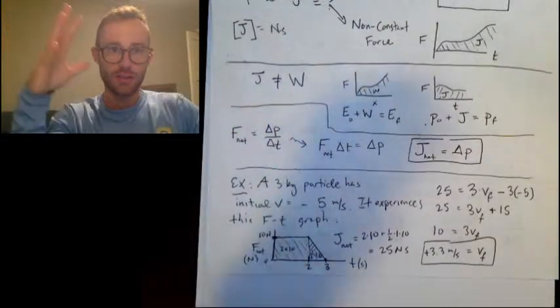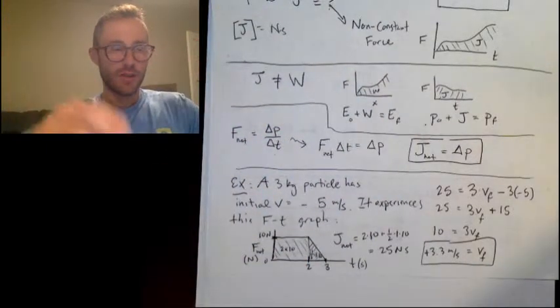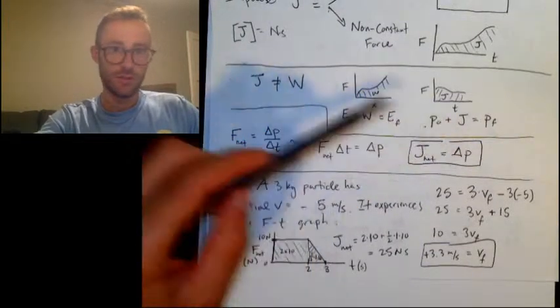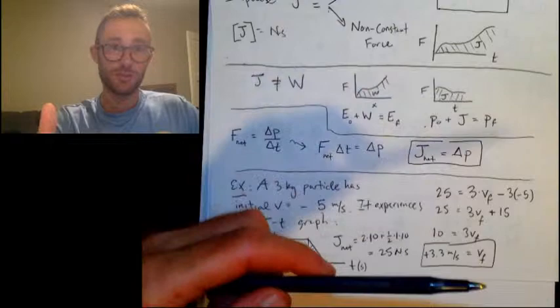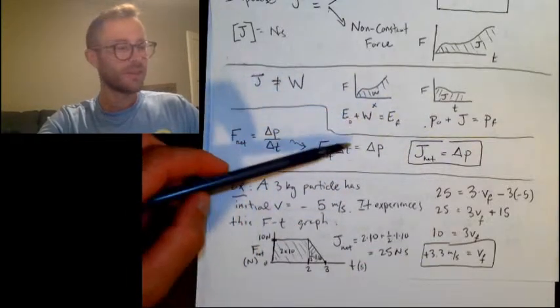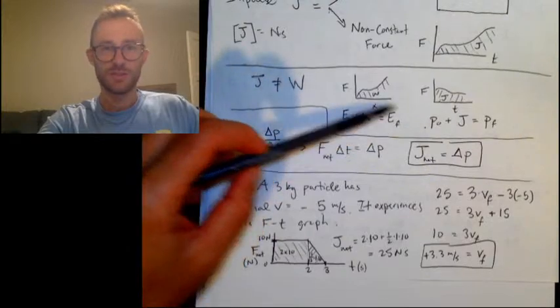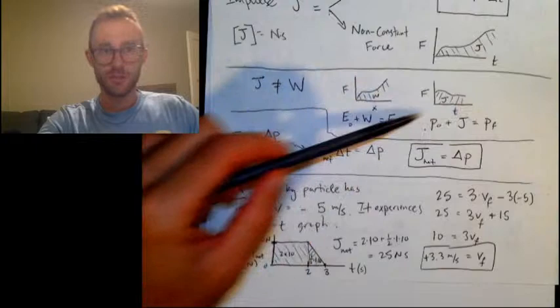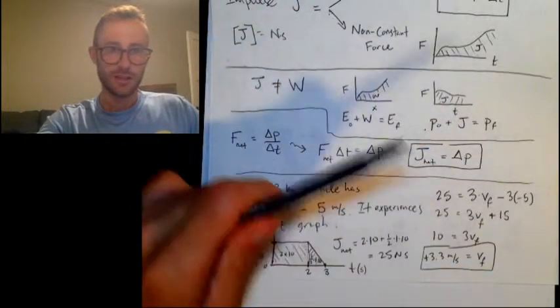Just collect that all in one place, because I will give you a graph like one of these and ask what's the final velocity. If it's a force position graph, you're going to want to use this idea, and if it's a force time graph, you're going to want to use this one. So it's easy to get confused.